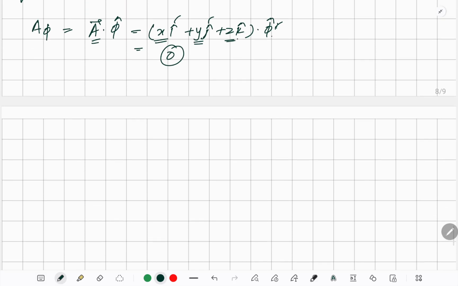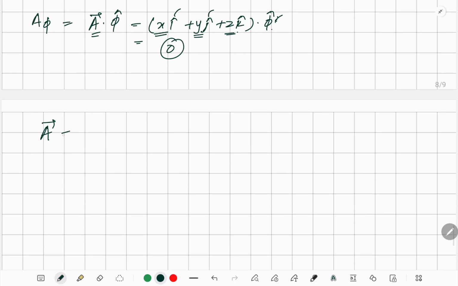Okay, so finally we can write a given vector as ar r cap plus a theta theta cap plus a phi phi cap.